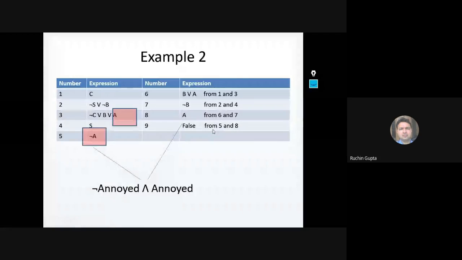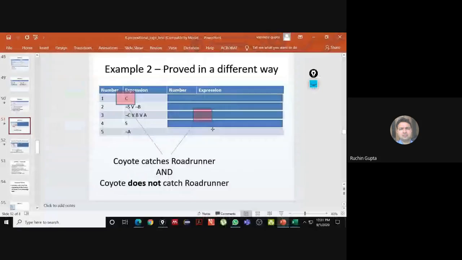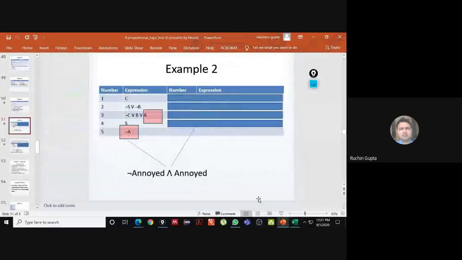It means that whatever we assumed is going to be false, and we have assumed that the coyote is not annoyed. That coyote is not annoyed is going to be false. It means that coyote is annoyed is going to be true, right? So this is the way we prove using the resolution algorithm. Got the point, everybody?